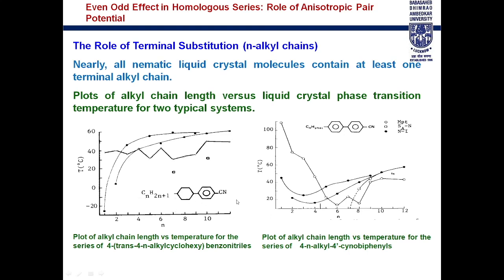This is for the cyano system, that is 4-trans-4-n-alkyl cyclohexyl benzonitrile, where n represents the number of carbons in the alkyl chain, and this is the phase transition temperature.